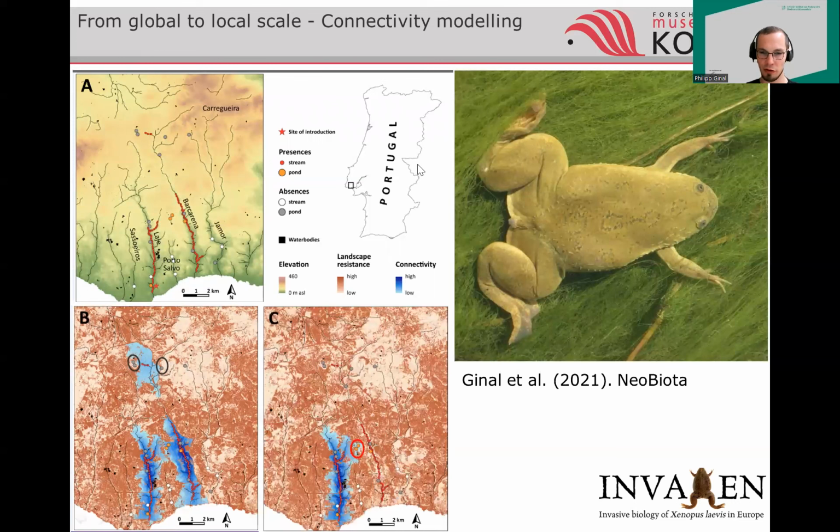And second, we also could reconstruct the past dispersal route of Xenopus. Between the 2 rivers we found only 1 suitable corridor, and this corridor provides 3 golf course ponds. We know from field data that Xenopus is found in these golf course ponds. So it is very likely that it used these ponds as stepping stones to reach the Barcarena River.